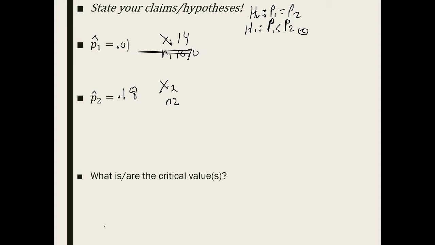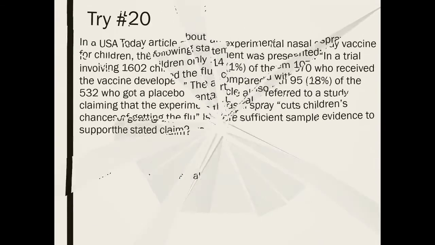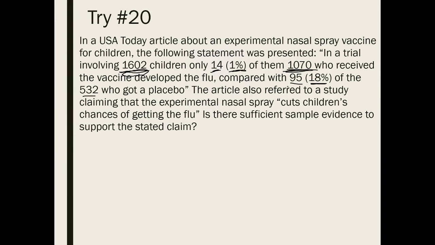Again, getting the flu is not necessarily a success, but in this case, since we're tracking how many people got the flu, yes, it's going to be a success, quote unquote, in our situation here. The next one says that 95 out of 532 got the flu who had the placebo.